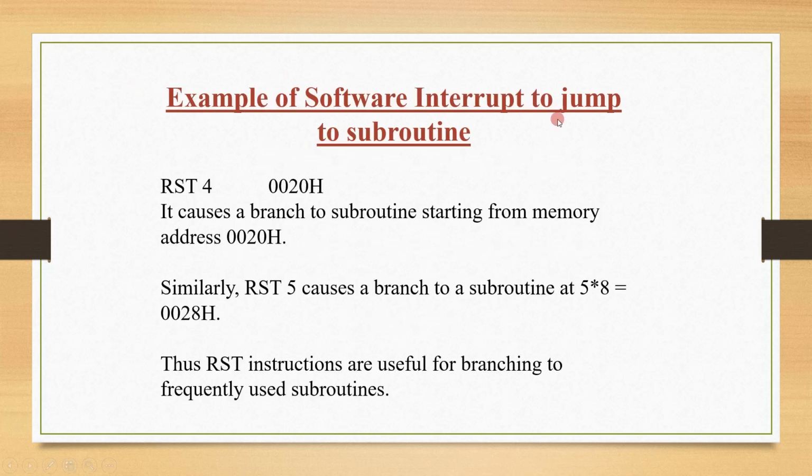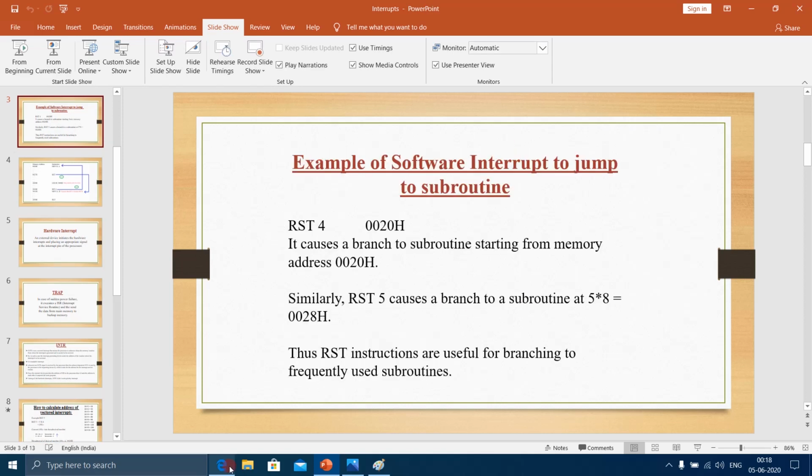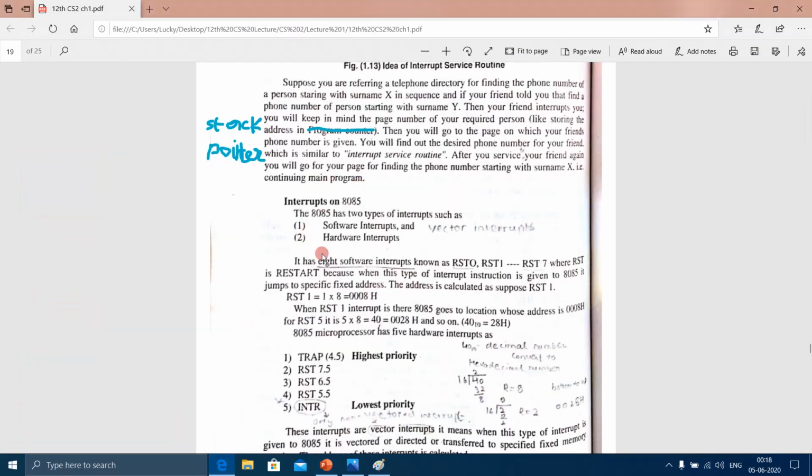An example of a software interrupt is jump to subroutine. But before doing this, let us see what's given here. First, we will talk about software interrupts. The 8085 has 8 software interrupts. These are nothing but program instructions like the add instruction and move instruction.